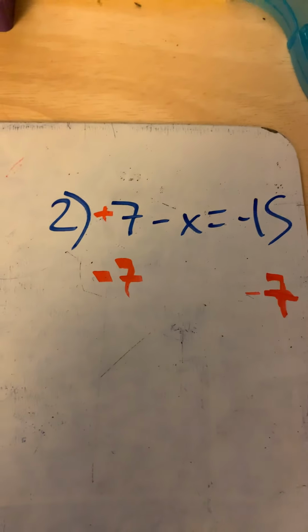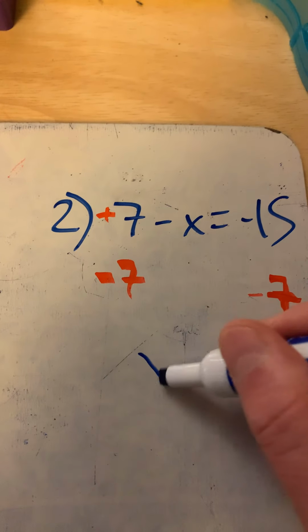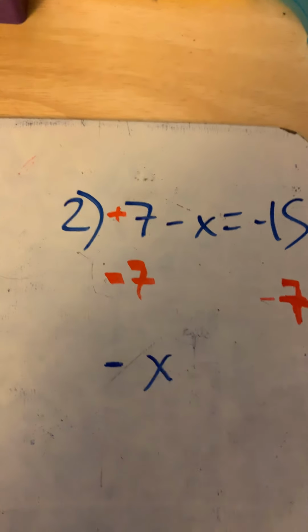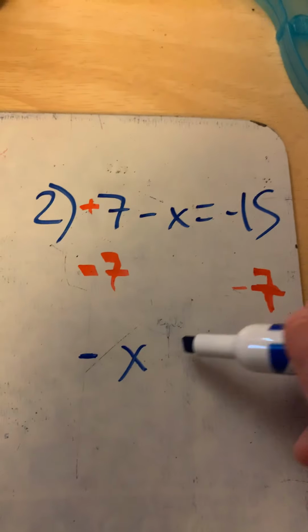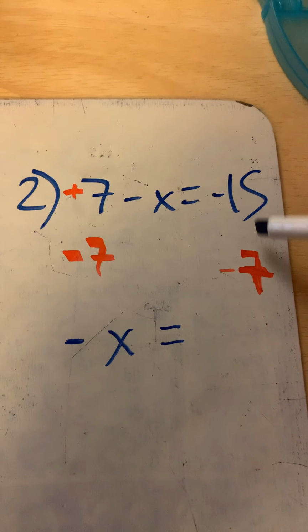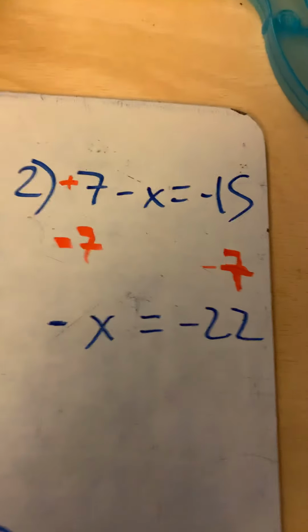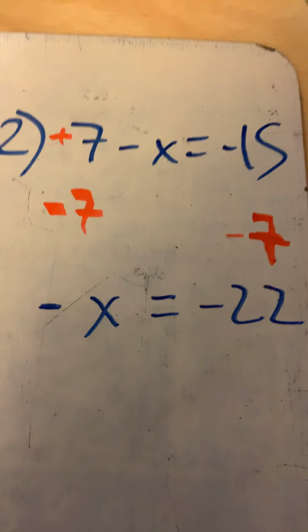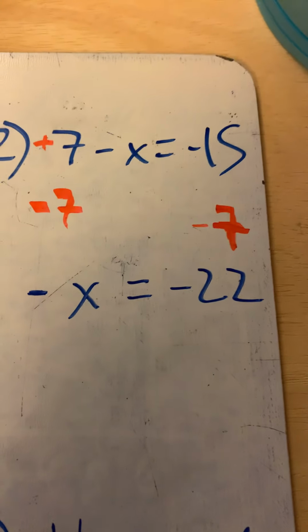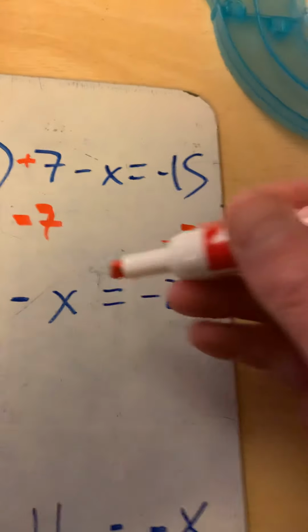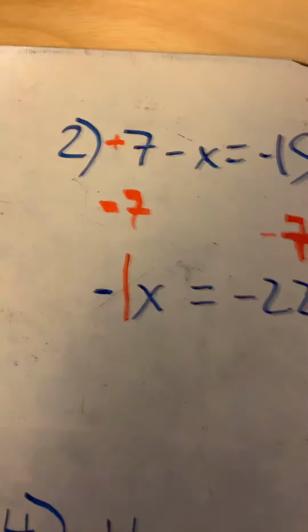7, take away 7, leaves us not just with an x, it leaves us with a negative x. We'll talk about that in a second. And that equals negative 15, negative 7 is negative 22. Now I want to know the value of the positive variable, not the negative variable. So we have to remember, even though I don't see it, there's a negative 1 in front of that x.